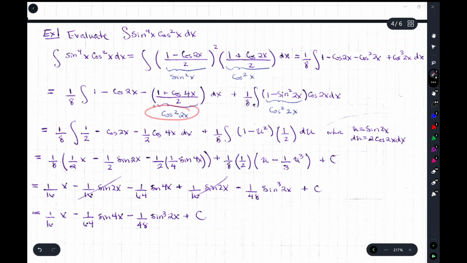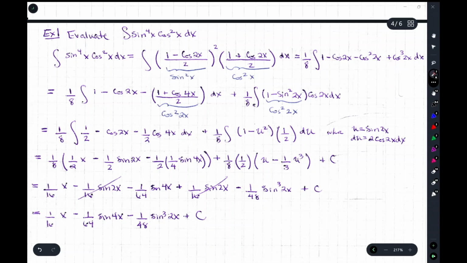For your cosine squared 2x term over here, you could again use a half angle identity and rewrite it in terms of cosine 4x this time. And you'll also have a cosine cubed term. And how do you want to deal with the cosine cubed term?